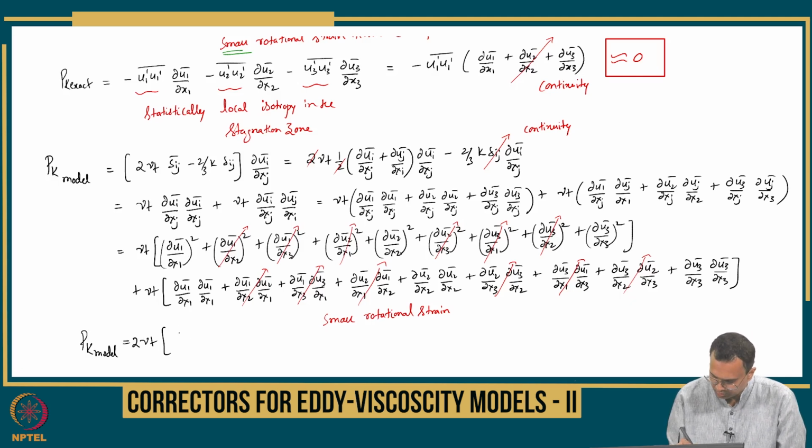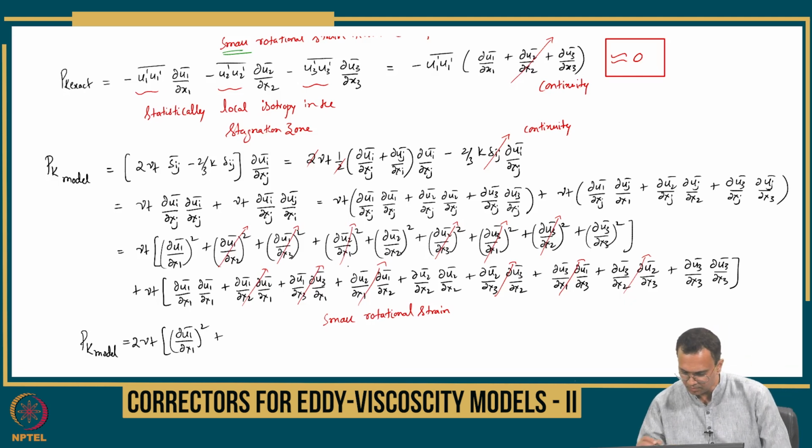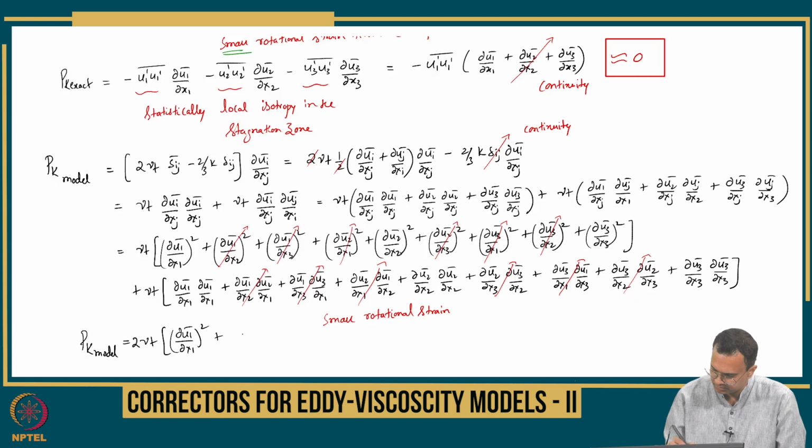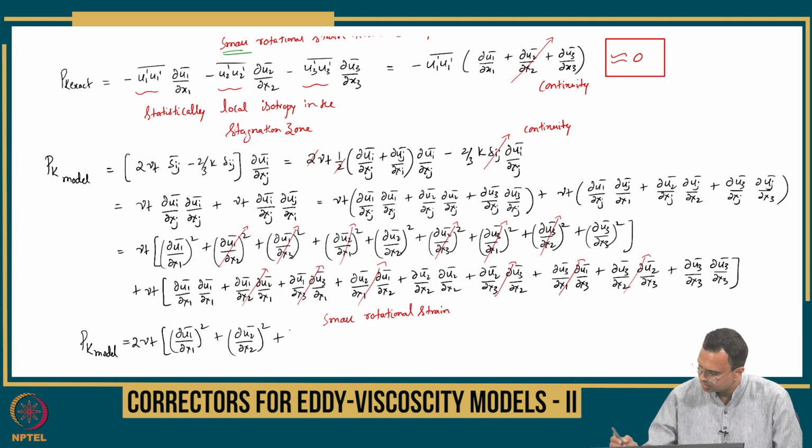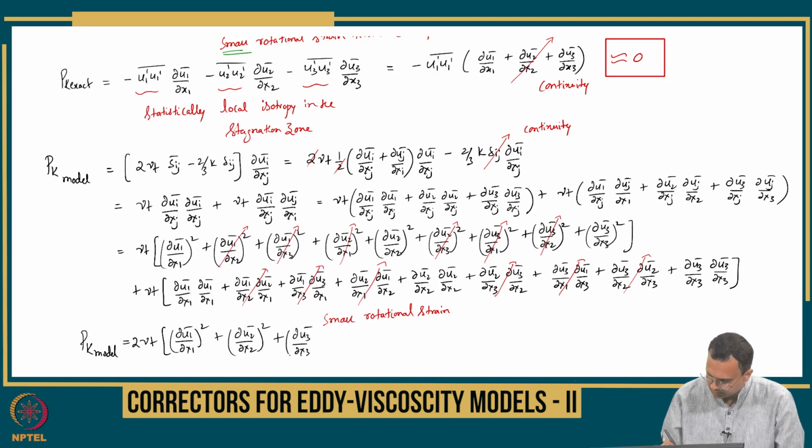So I get 2 nu t of dou u1 bar by dou x1 square plus I have dou u2 bar by dou x2 square plus dou u3 bar by dou x3 square.